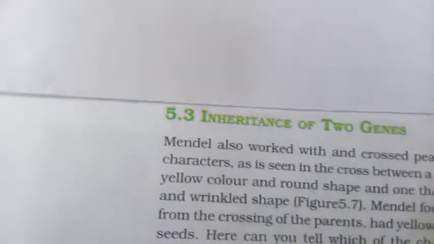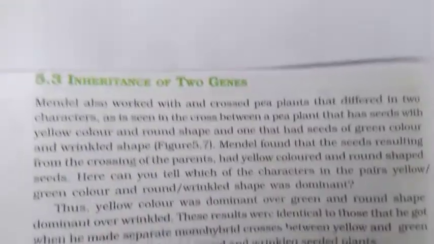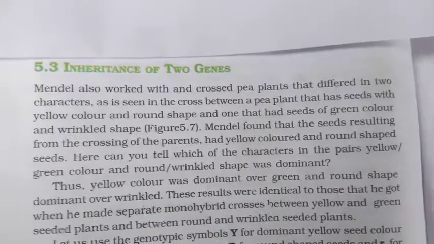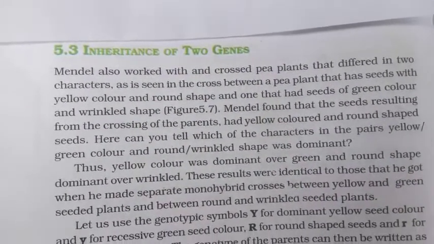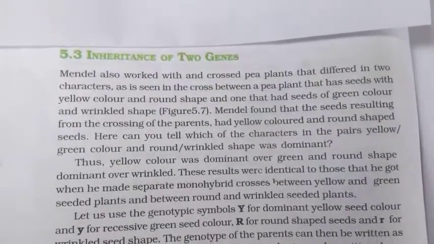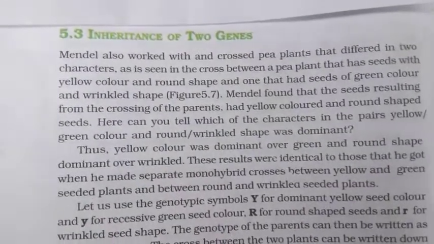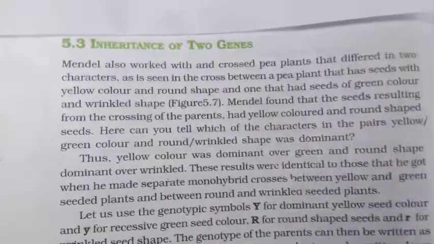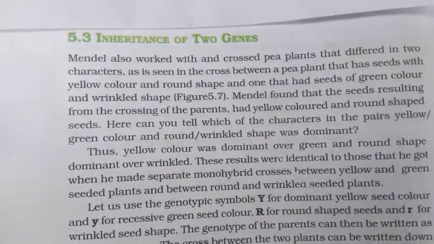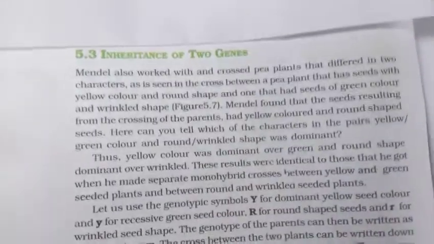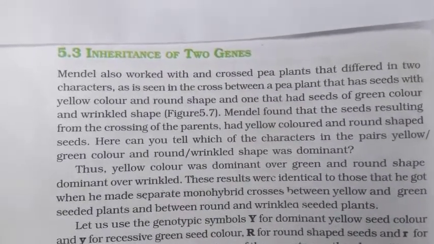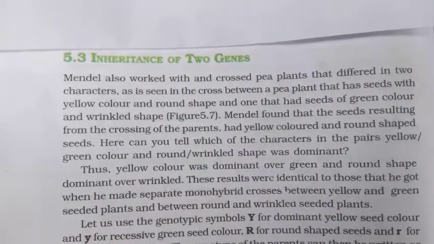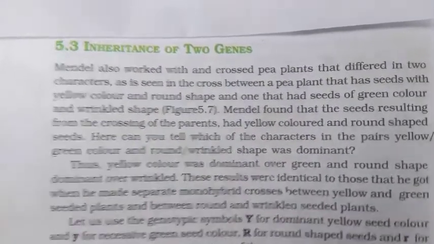Mendel worked with crossed pea plants that differed in two characters, as is seen in the cross between a pea plant that has seeds with yellow color and a round shape, and one that has seeds of green color and a wrinkled shape.